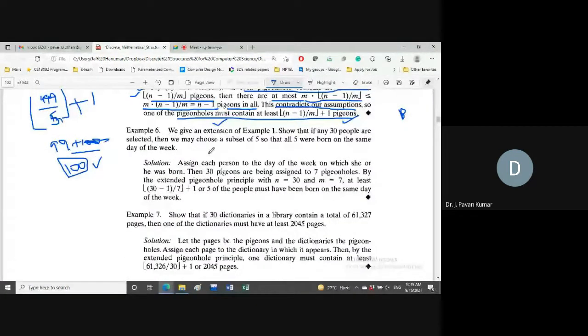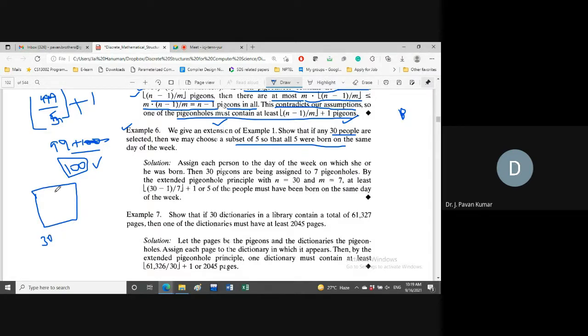Similar to that, we can see an example. 30 people are selected. Then we may choose a subset of 5. Consider 30 people we have chosen.